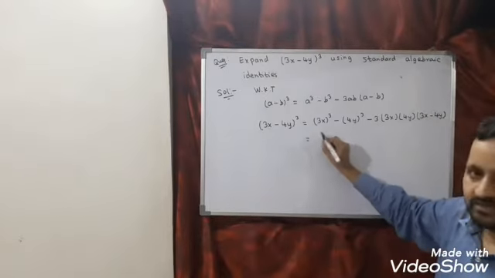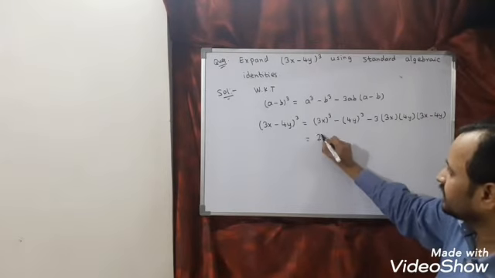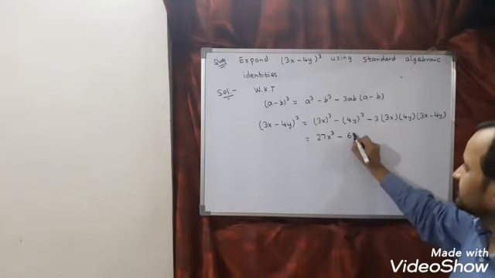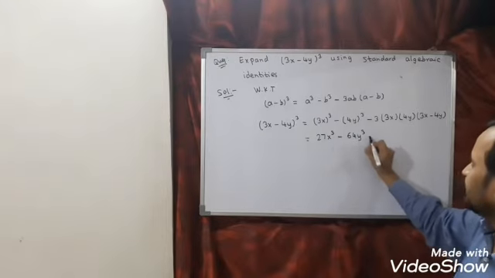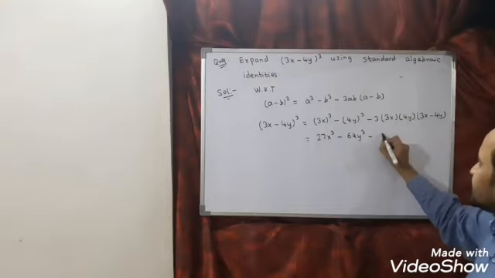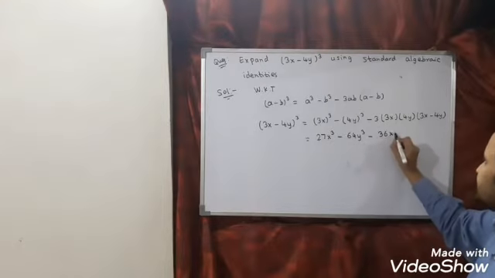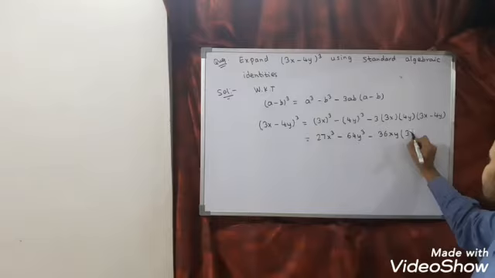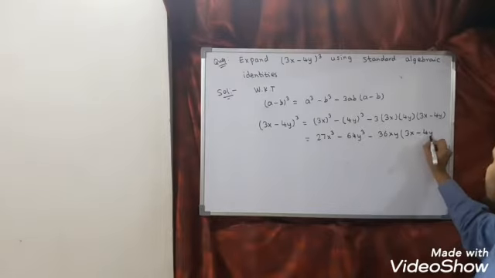Or this we can write 3 cube is 27x cube minus 4 cube 64y cube minus 3 3s are 9, 9 4s are 36xy. Yes or no? Here I can say 3x minus 4y.